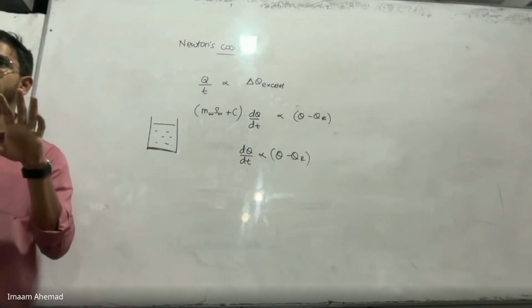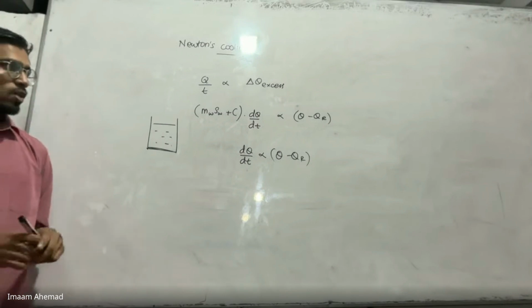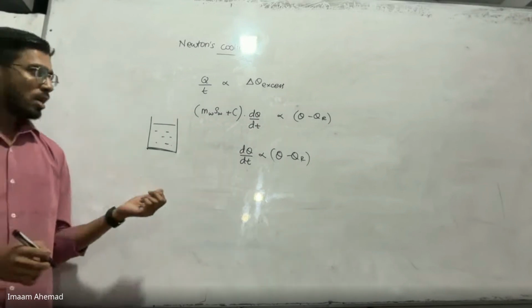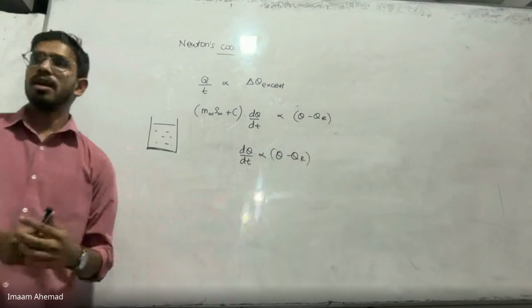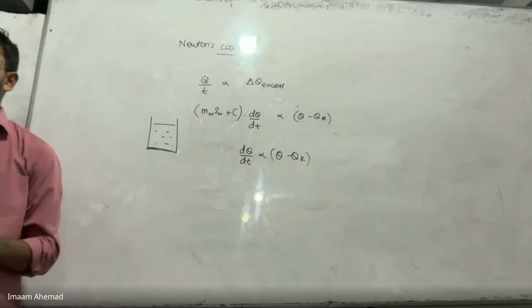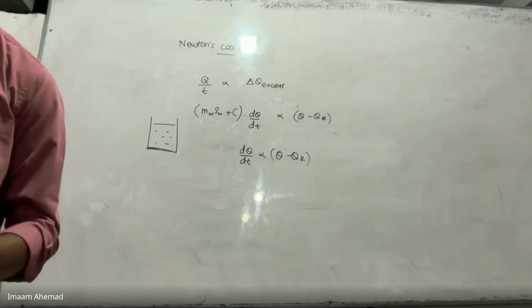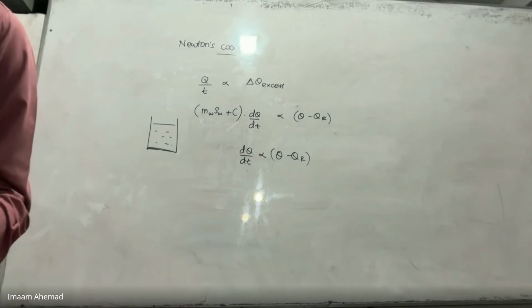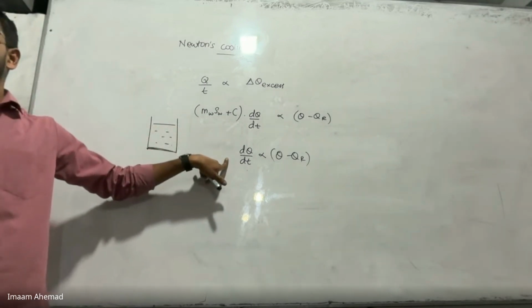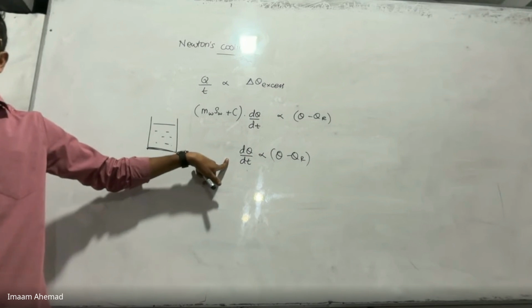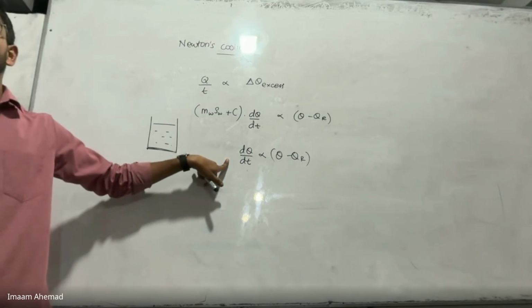Is that idea clear? So if I want to plot d theta versus theta minus theta r, what are the measurements I have to take? Here in place of d theta over dt, we can take delta theta over delta t as well. Okay, in an average value.